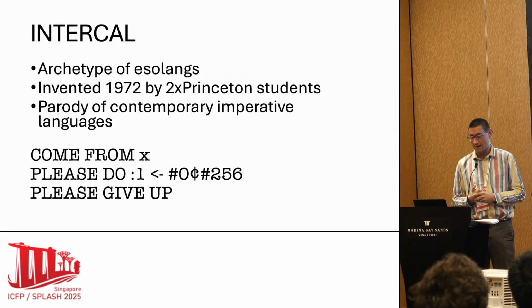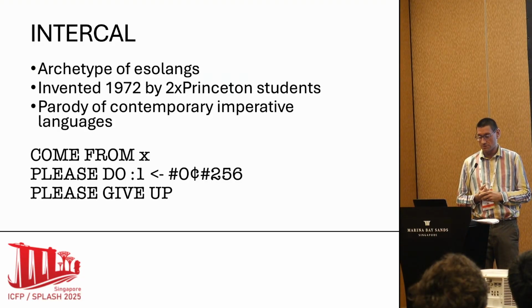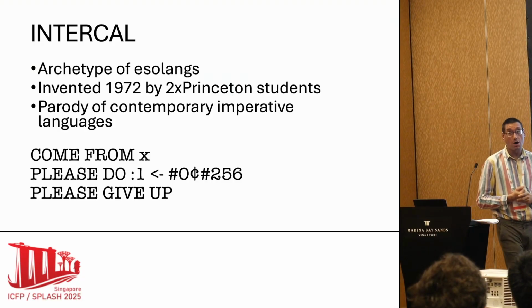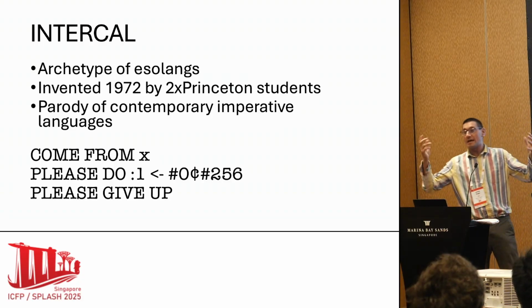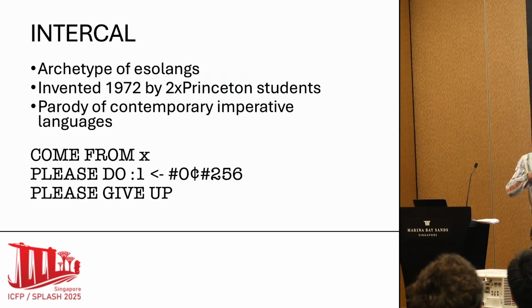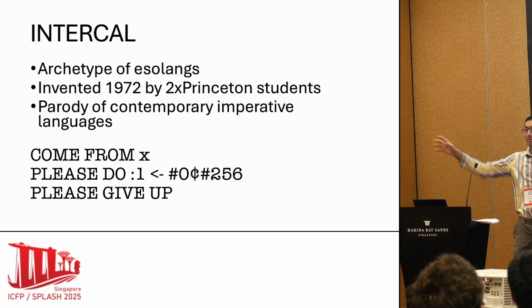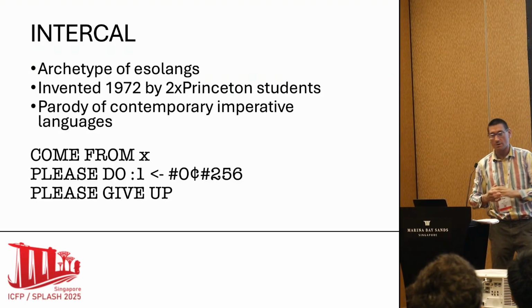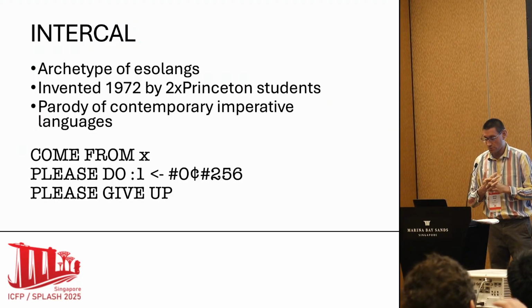Think Fortran or COBOL or similar languages. Instead of the then universal go-to statement, there was a come-from statement. So you encountered a label, and then you went to the place where you should come from when you see that label. Effectively, it's the reverse of the control flow edge for the go-to.